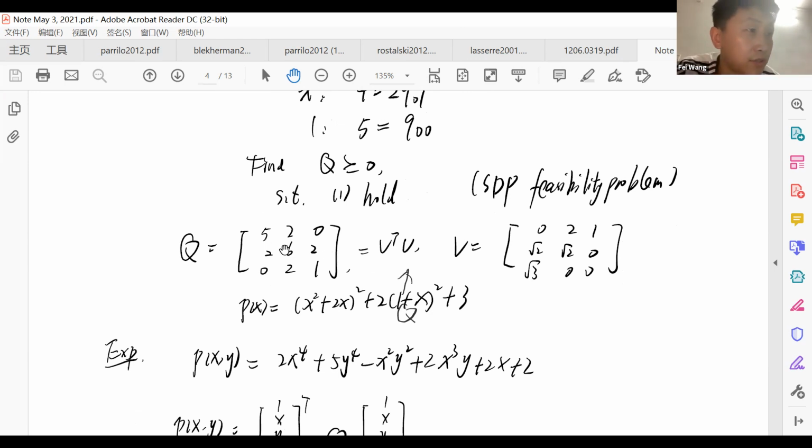Q is this matrix, and it's positive semi-definite, so it can be written as V transpose times V, where V is this matrix.